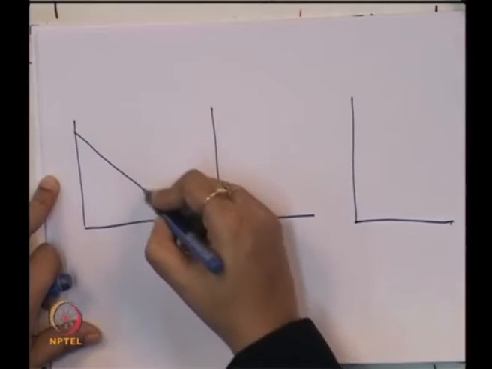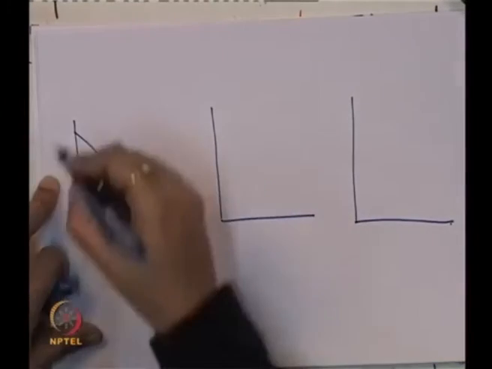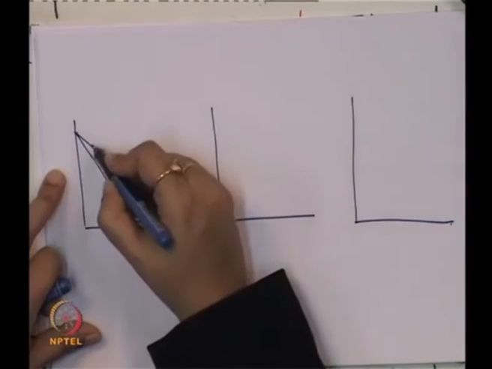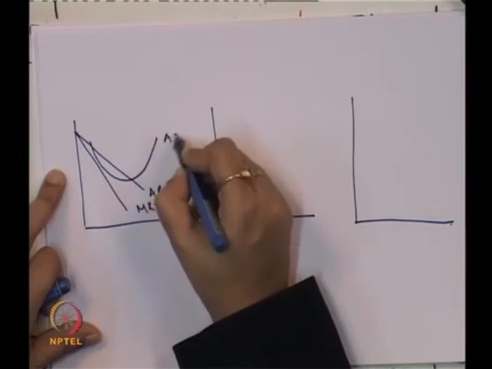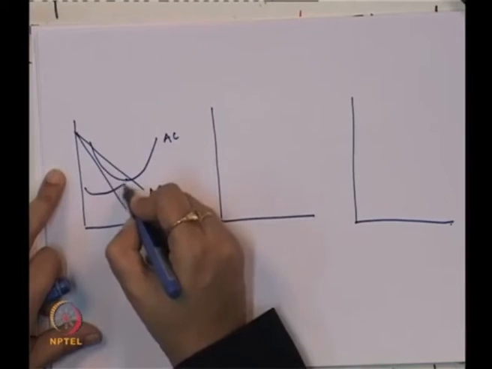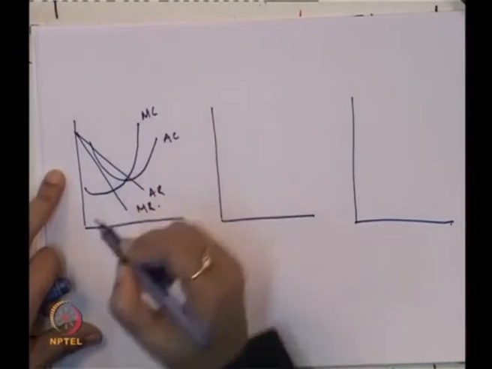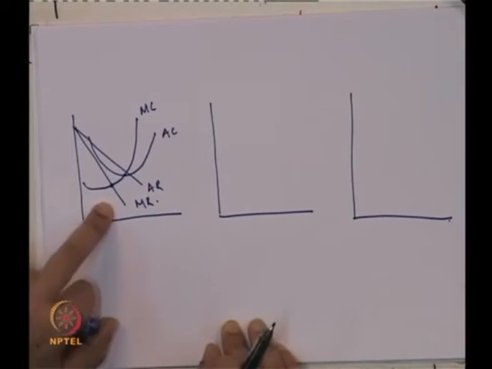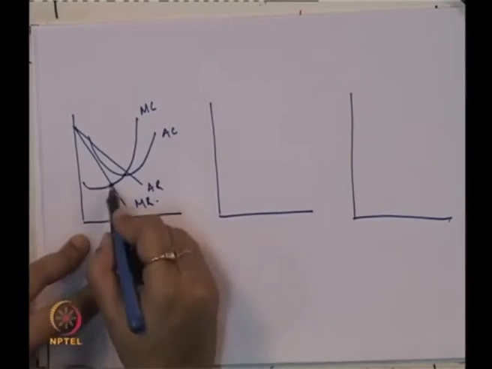So, this is our average revenue curve, this is the marginal revenue curve, this is our average cost curve, this is the marginal cost curve. This is the point where marginal revenue and marginal cost intersect each other.